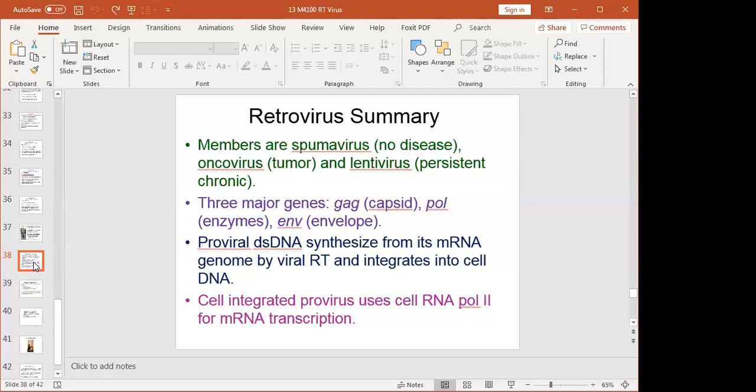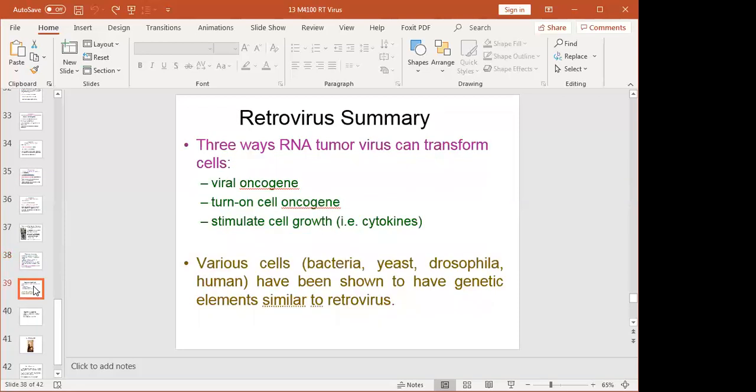Once the virus gets in, it needs host cell RNA polymerase II for the transcription of mRNA. Once the mRNA is made, it undergoes proteolytic cleavage or processing to make all these enzymes, and we talked about the creation of subgenomic messenger RNAs.